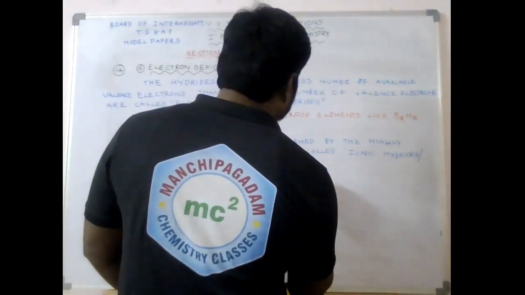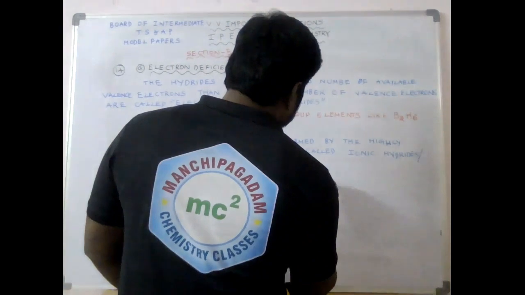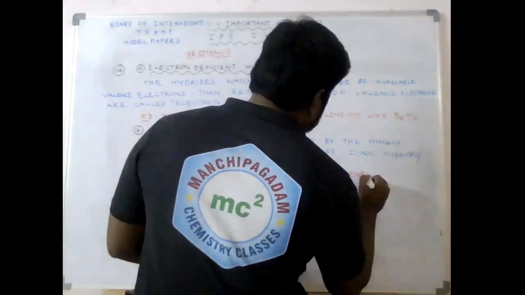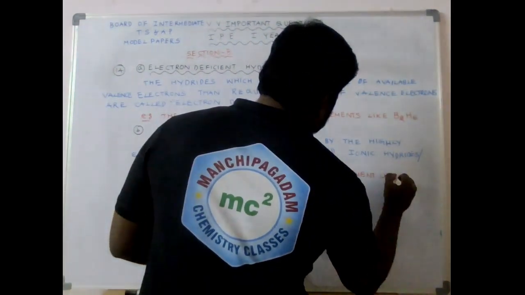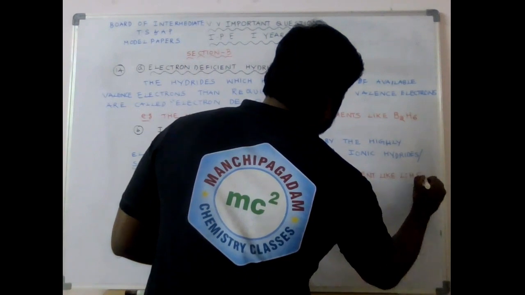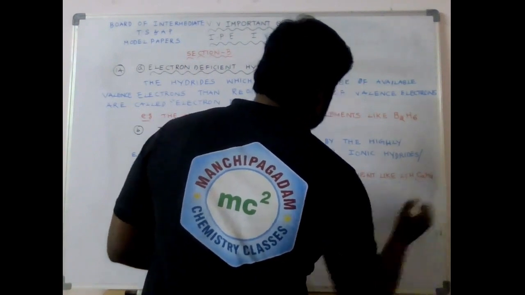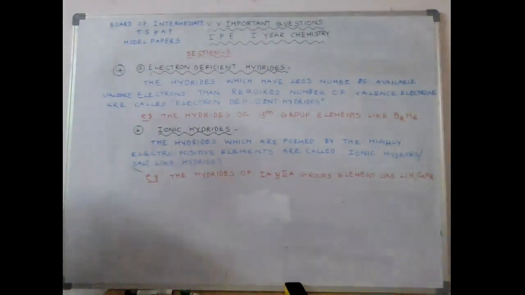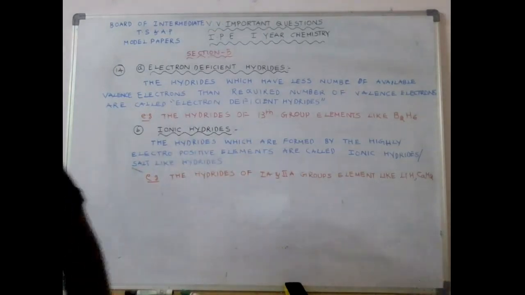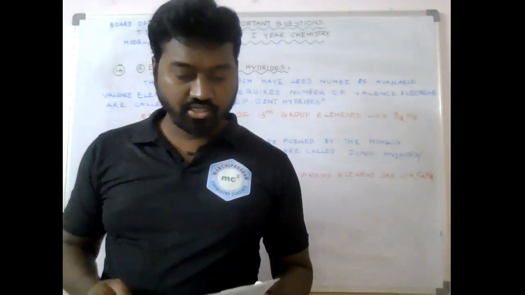Examples can also continue here, like lithium hydride and calcium hydride. Lithium belongs to first A group and calcium belongs to second A group. Those hydrides are known as ionic hydrides, right? So that's about the 14th question in the short answer type.